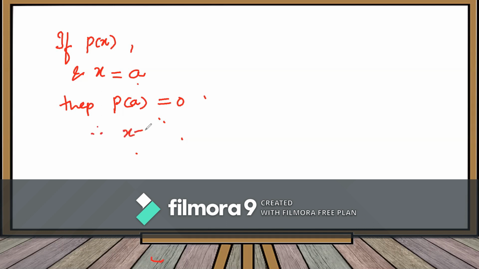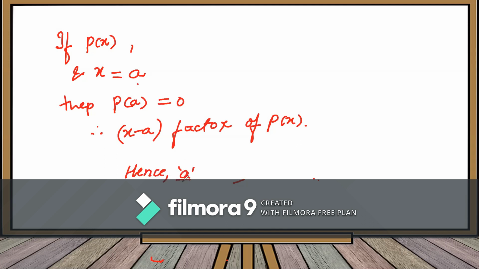Therefore, x minus a will be a factor of p of x. Hence, we can say that the number a is a root, solution, or 0 of the polynomial.